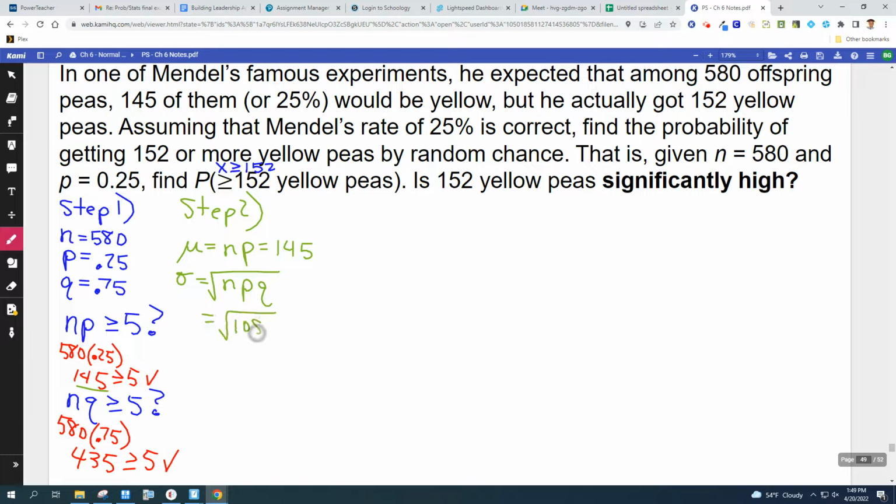We've got the square root of 108.25. Or I think that's 108.75. And then when we do that square root, we're getting sigma is approximately 10.4283. So that's step 2. Step 3 is the one about the continuity correction.